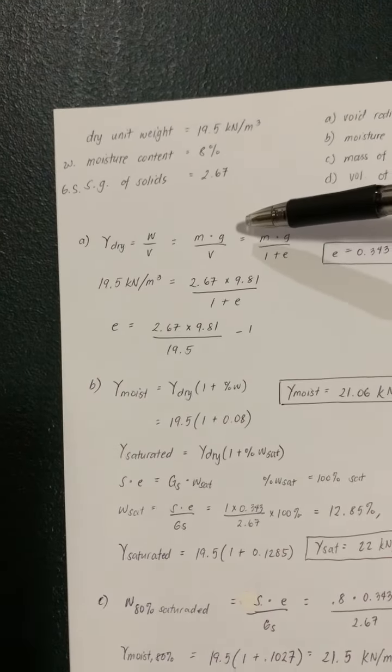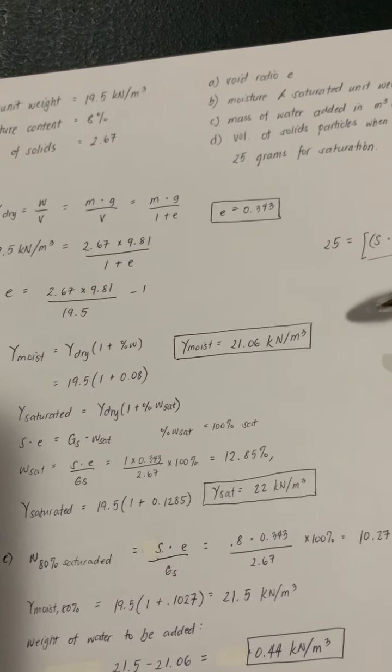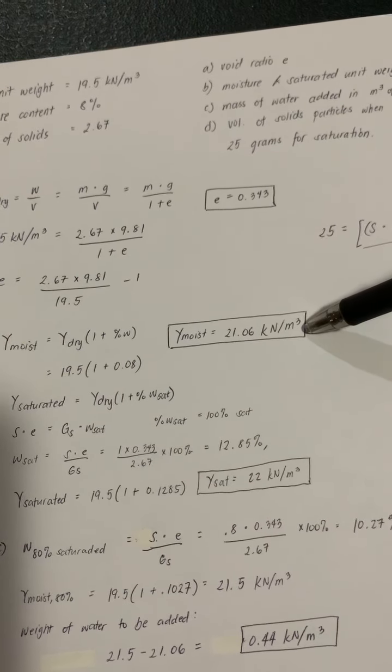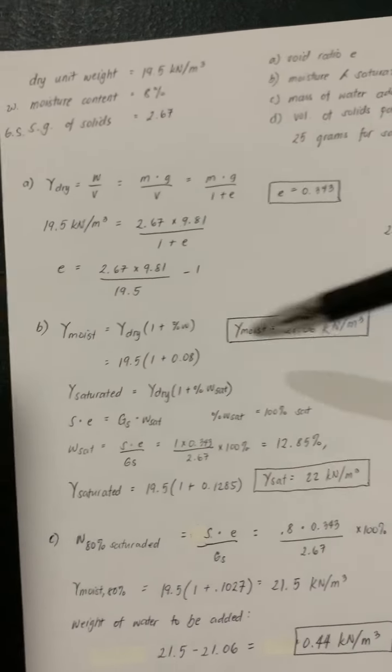So what I did was to calculate the moist unit weight, I had the dry unit weight times 1 plus the moisture content, which was 8%. So I got the moist unit weight, which is equal to 21.06.